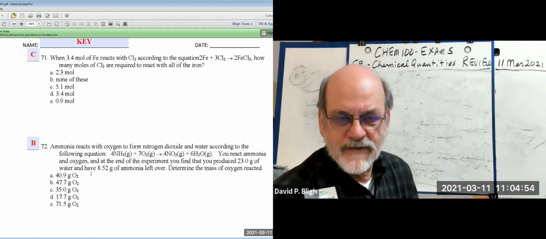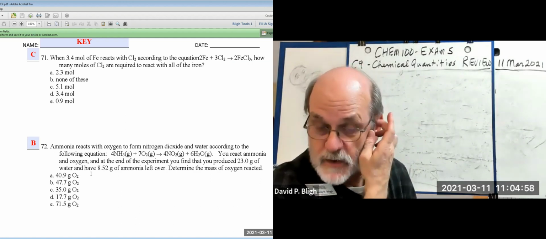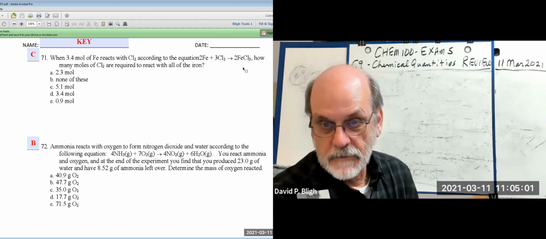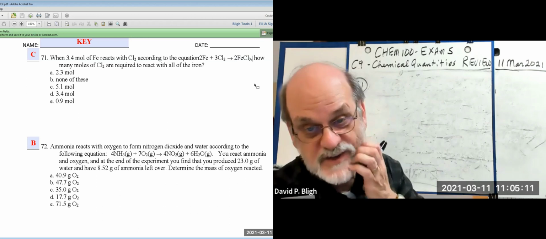3.4 moles of iron react with chlorine, according to this balanced equation, and we can check it, right? 2 irons, 2 irons, 6 chlorine. 2 times 3 is 6 chlorine. That's balanced.